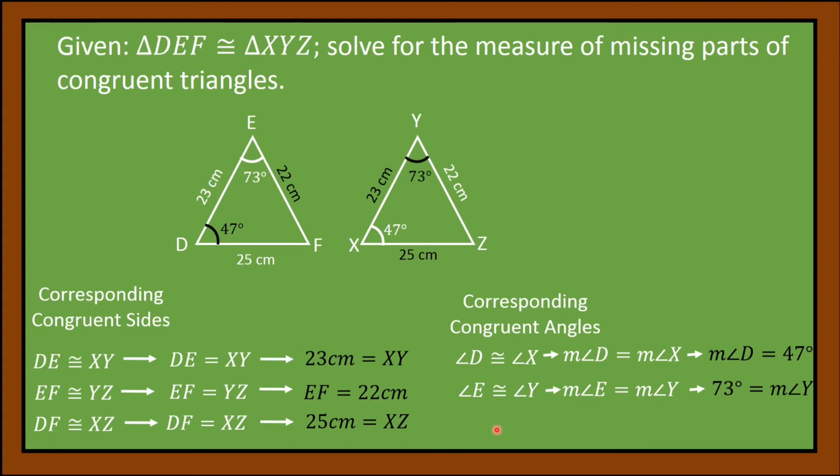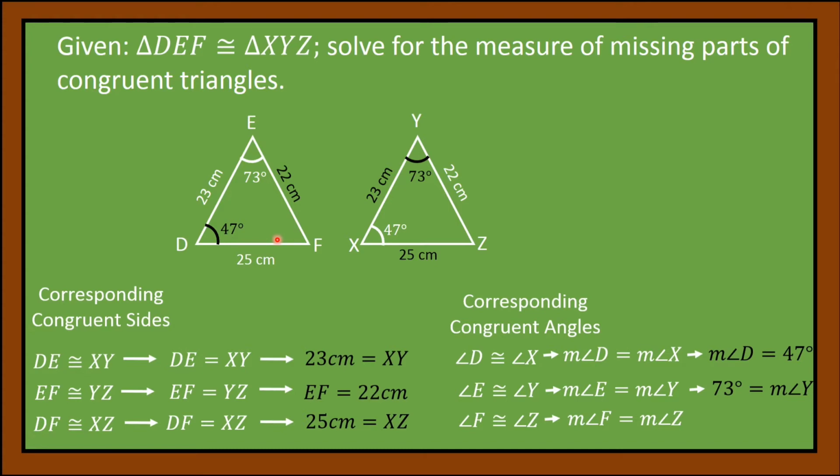And the last one, angle F is congruent to angle Z. Ang measure ng angle F is also equal to the measure of angle Z. Tingnan natin ang figure. This is our angle F, wala siyang sukat. Ang angle Z ay wala ding sukat. Paano natin malalaman ang measurement ng dalawang angles na ito?